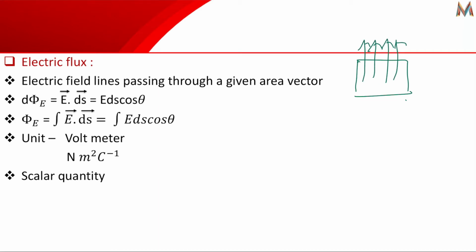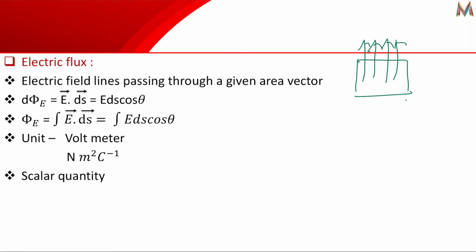That is called the electric flux. The total number of electric field lines passing through the plane of the paper is called electric flux, but that is a relative term. The number of electric field lines passing through a given area vector may be less, may be more.